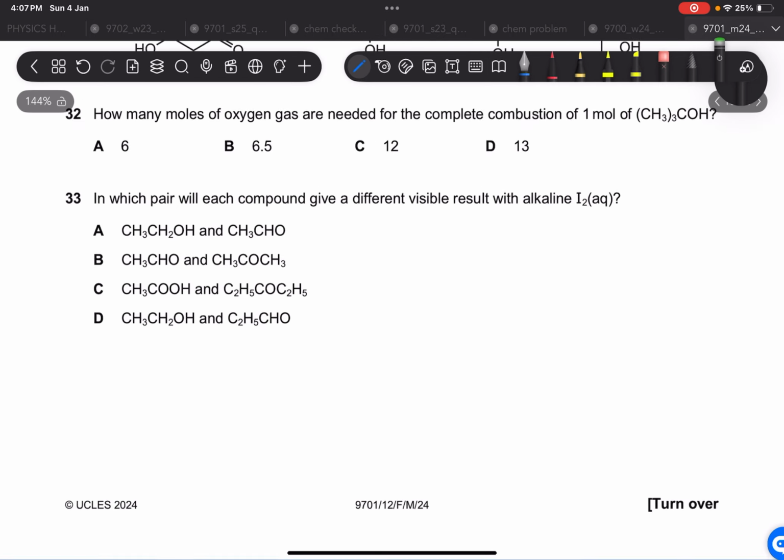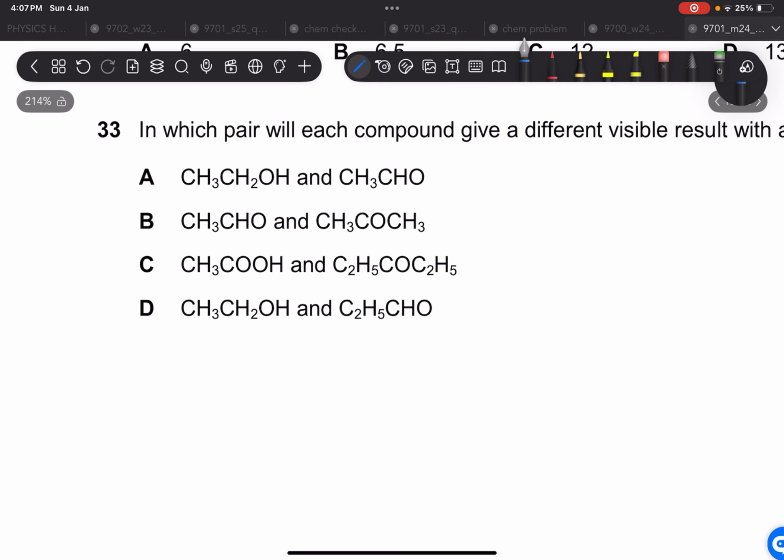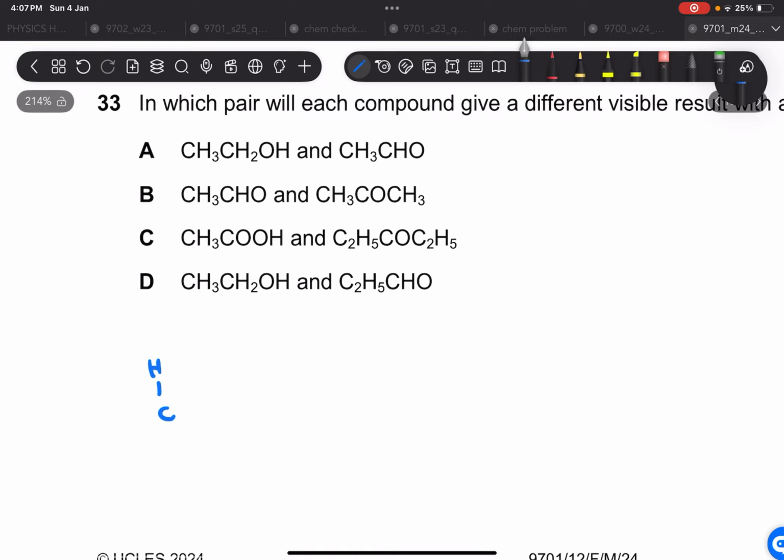Look, over here, let's draw the structures and then I'm going to explain it to you. First I'm drawing for A. A has a CH3, CH2 and an OH. This one has a CH3, CHOH.